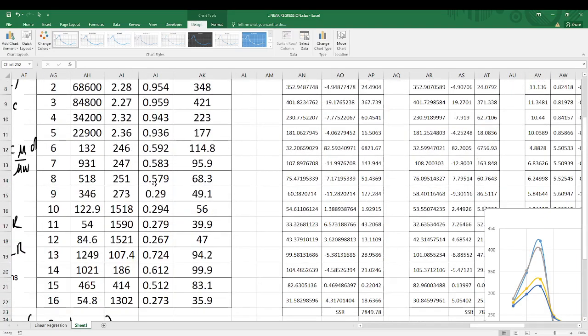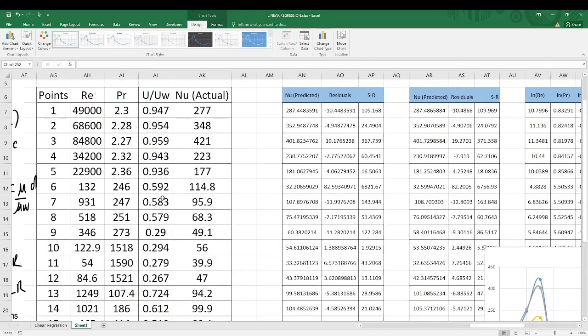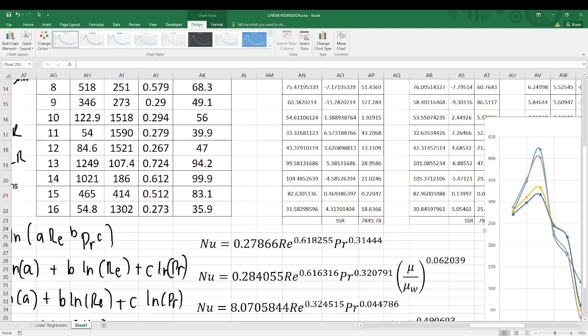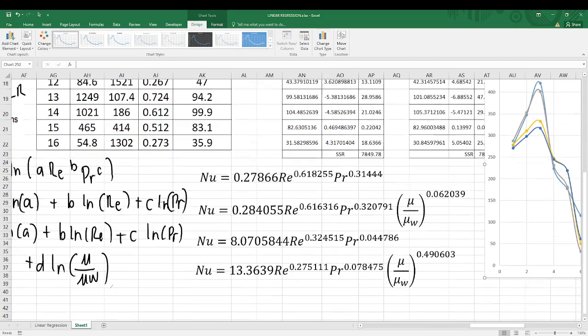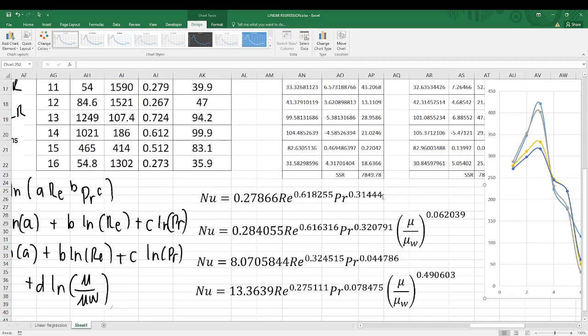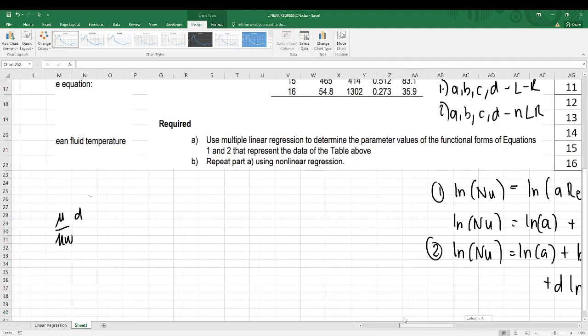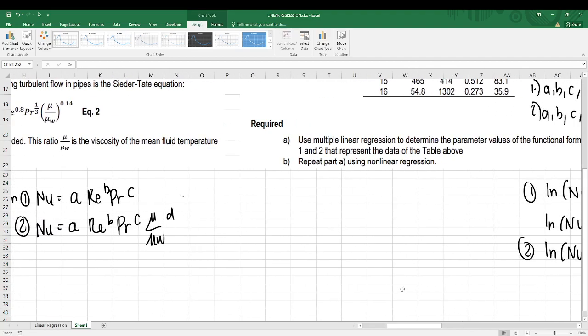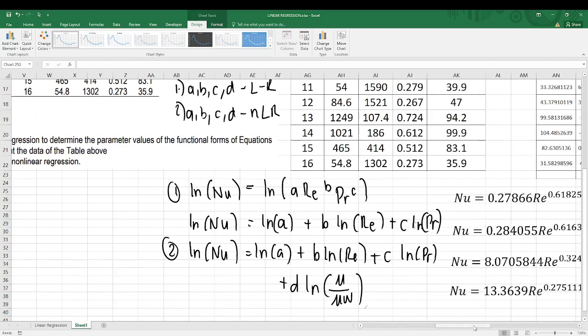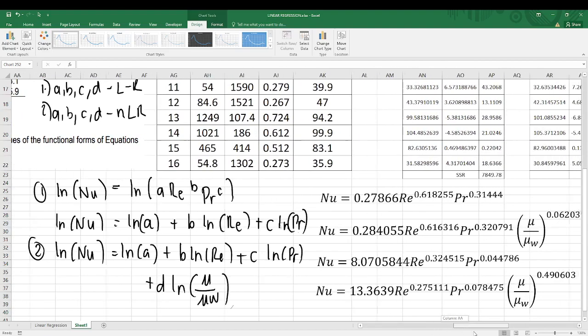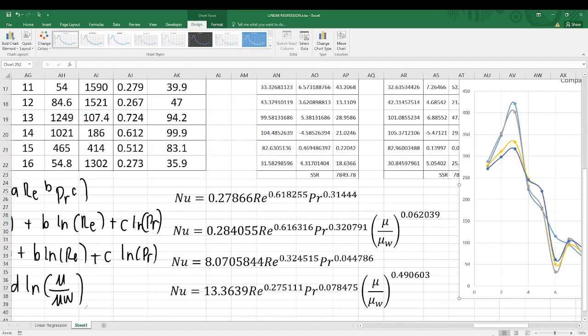If we try to have a set of values for the Reynolds and the frontal, then we could use this equation to get the Nusselt number, based on the original equation and based on the Sieder-Tate equation. Okay? So, that is the way of making an equation based on tables and based on experimentation. That's it.